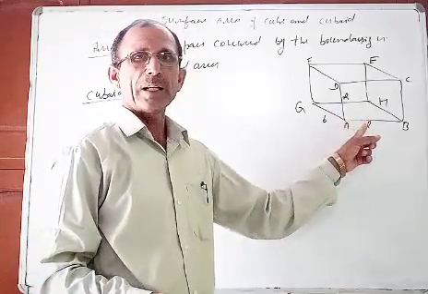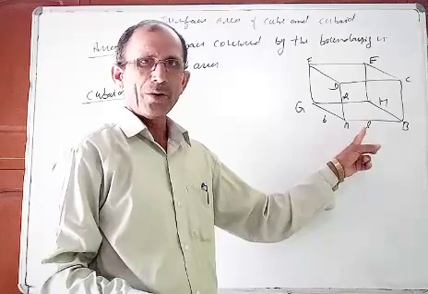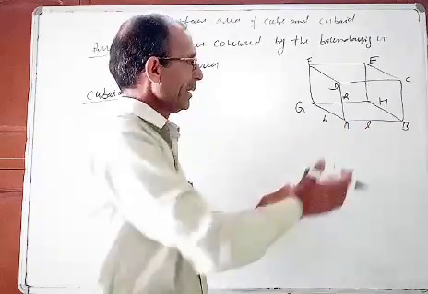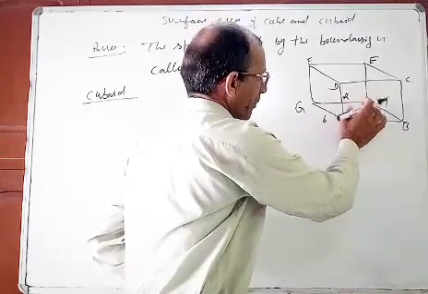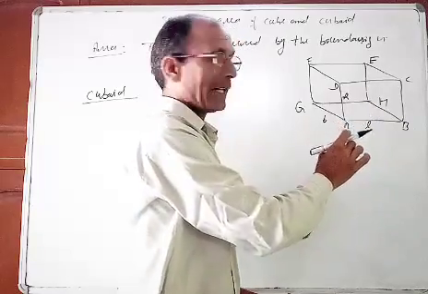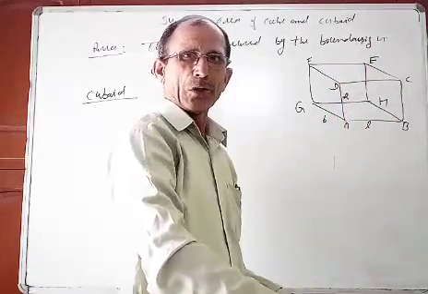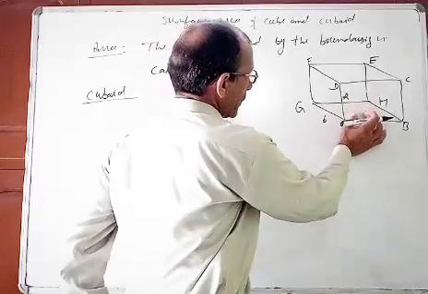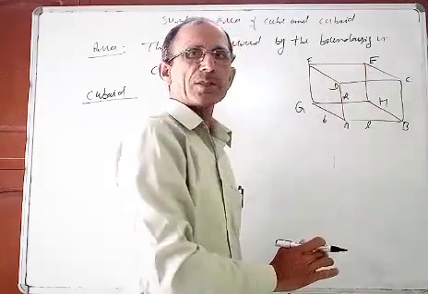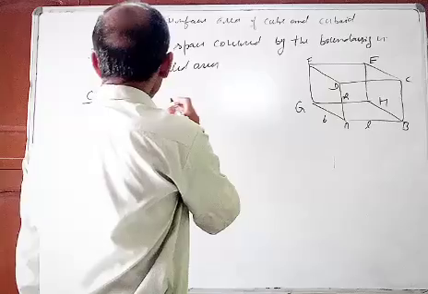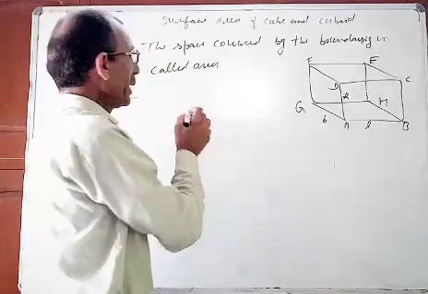So the area of a rectangle you already know: length multiplied by breadth. So the area of this bottom face is length multiplied by breadth, and the top is also equal to this because roof and floor are both equal. So the area of the base is equal to the area of the top. I am finding the total area of the cuboid.